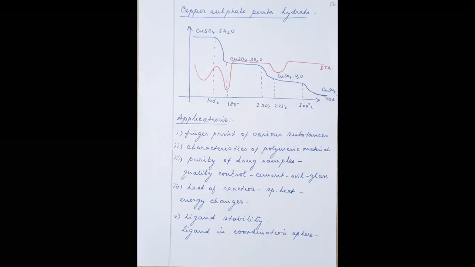Also the characteristics of polymeric materials can be very accurately known using the DTA. Also in the pharmaceutical companies, for the purity of the drug samples or quality control, and in cement, soil, and glass industries, the DTA is finding its application.